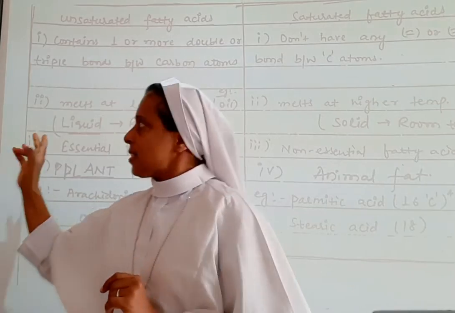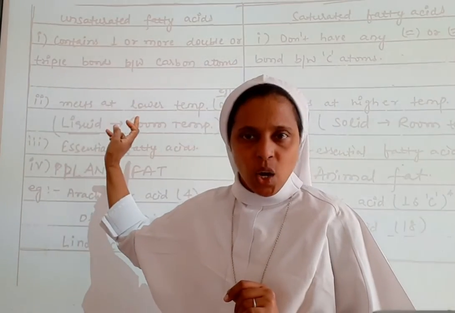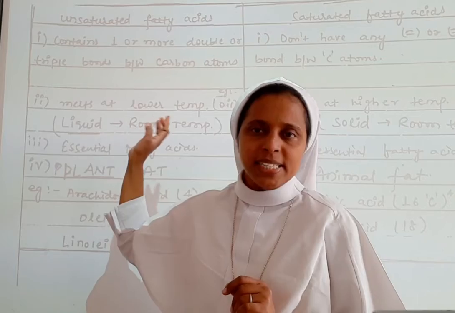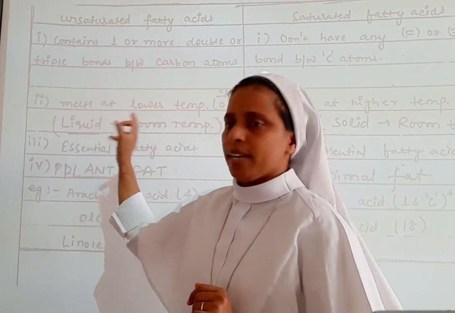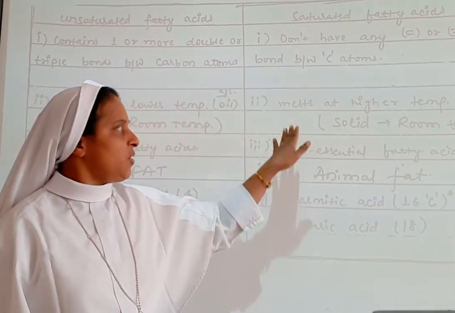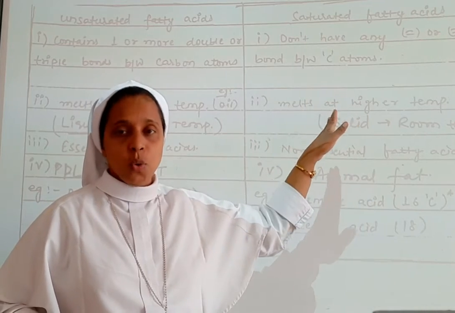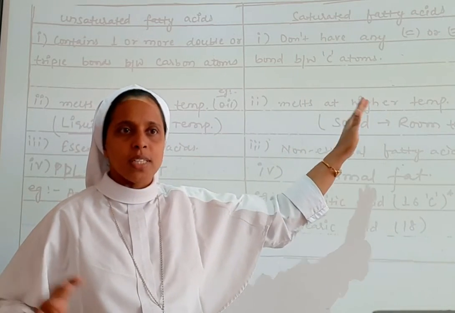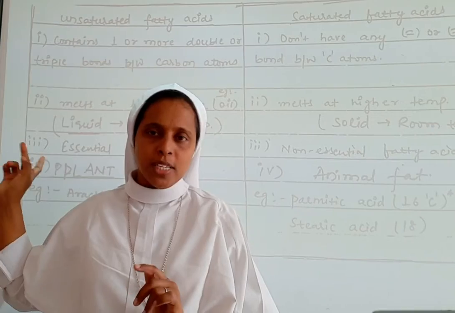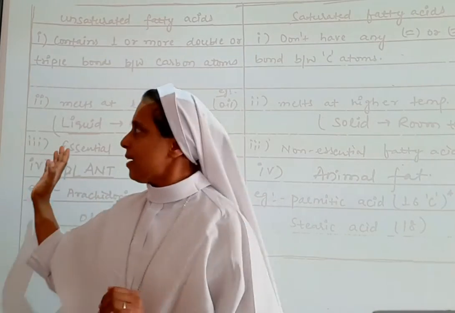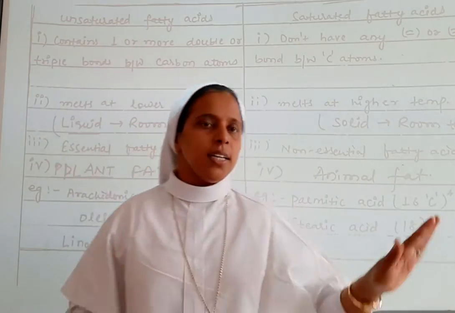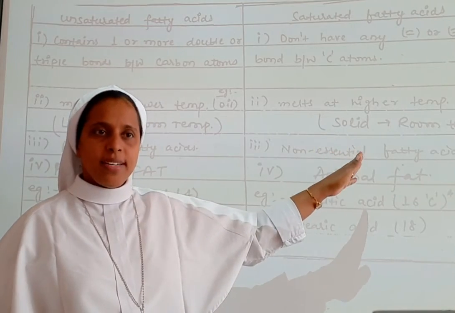Unsaturated fatty acids melt at a lower temperature; an example is oil, liquid at room temperature. Saturated fatty acids melt at a higher temperature and are solid at room temperature. Unsaturated ones are the essential fatty acids, while saturated ones are the non-essential fatty acids.